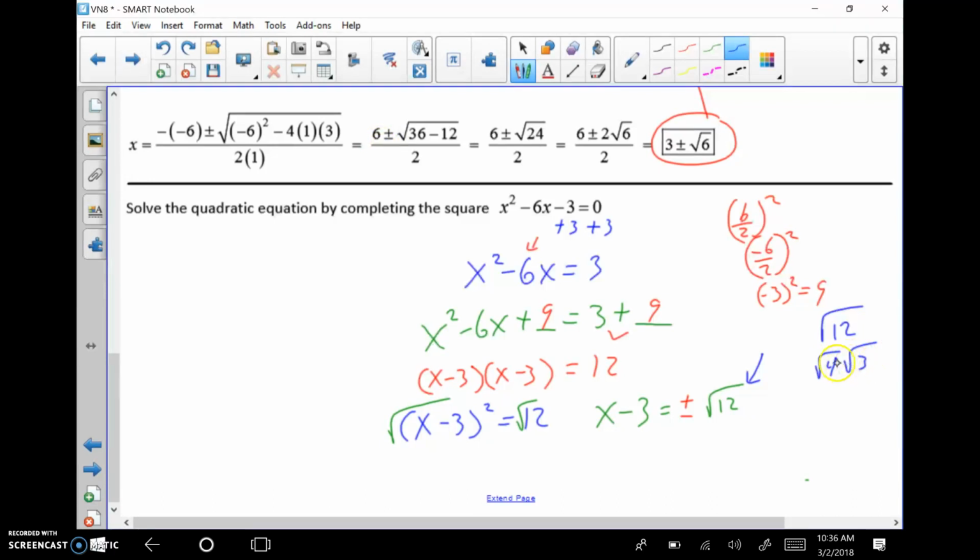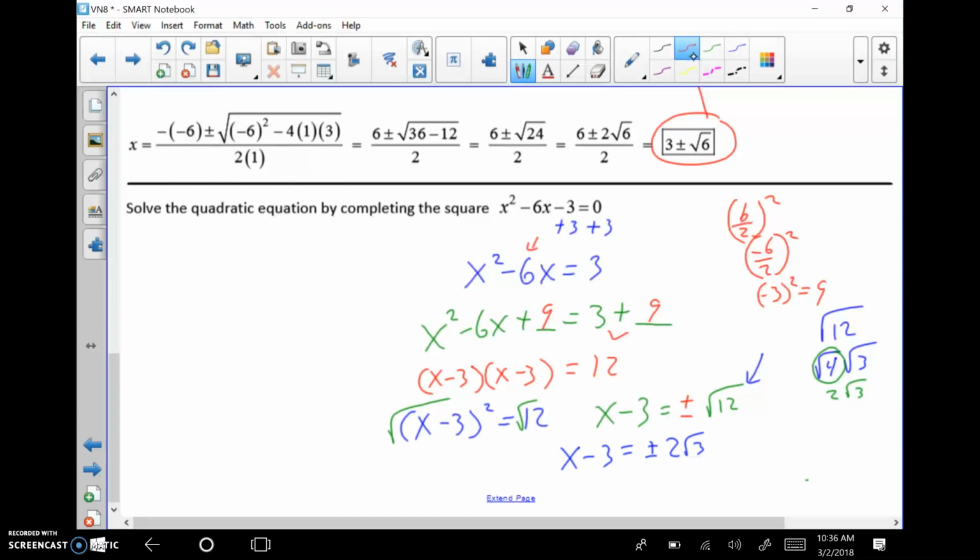And write it as 2 radicals that multiply to it, but one of them has to be a square. 3 is not, but 4 is. The square root of that rad 4 is 2. You have to square root the square number. The one that's not square stays inside. So this is going to now turn into x minus 3 equals plus minus 2 rad 3.